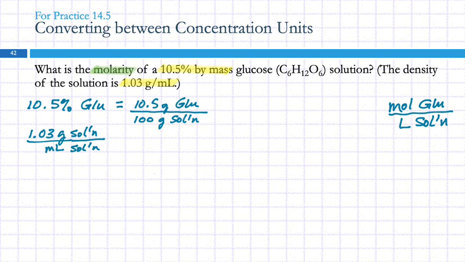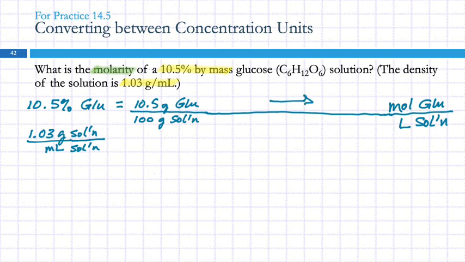So let's separate the numerator and the denominator here. I'm just going to continue this line, and we're just going to look at the top, converting the unit on the top, and separately converting the unit on the bottom. Can we convert grams of glucose to moles of glucose? Yes, we can. We just need the molar mass.